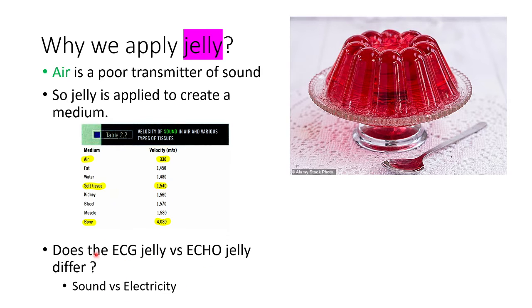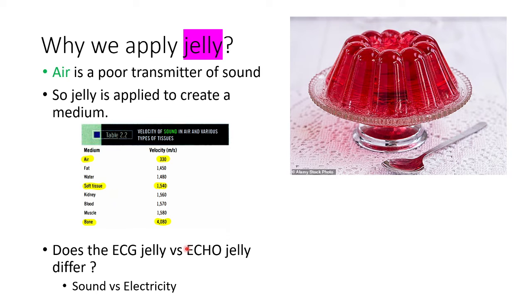ECG jelly is applied to receive the electric signals from the heart. We are dealing with electricity in ECG, whereas in echo we are dealing with sound waves. So there may be some difference in the jelly, but most of the time the echo jelly may be empty, but we may have an ECG jelly at hand, so we may tend to use that.